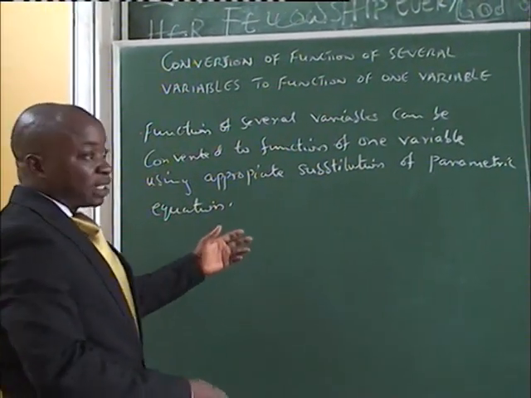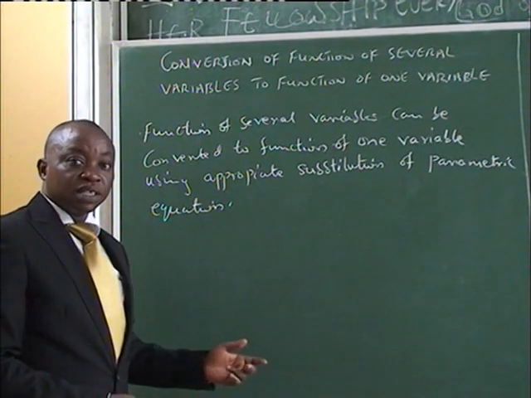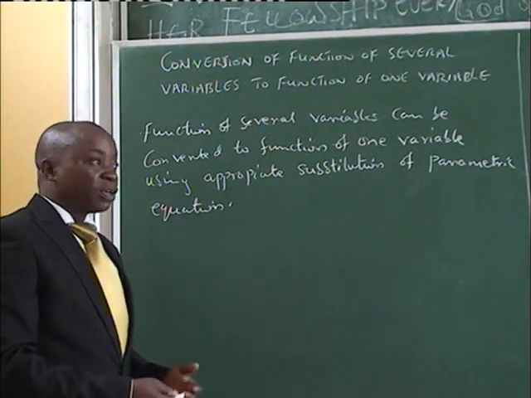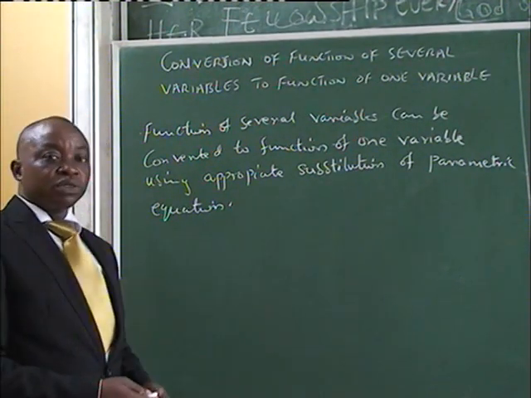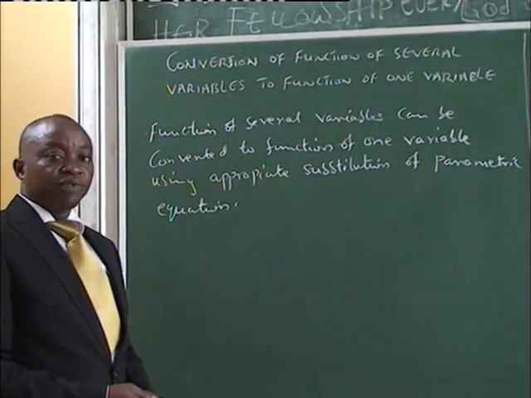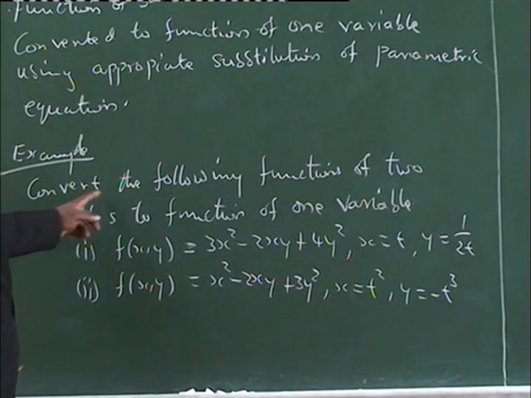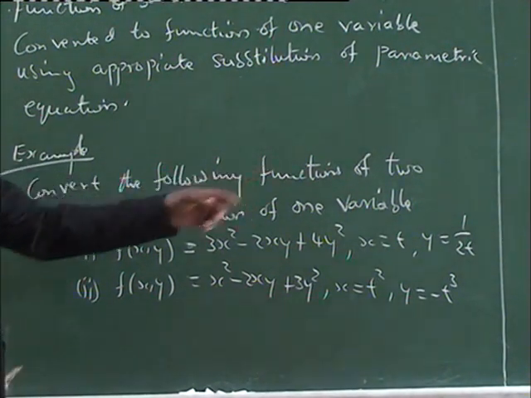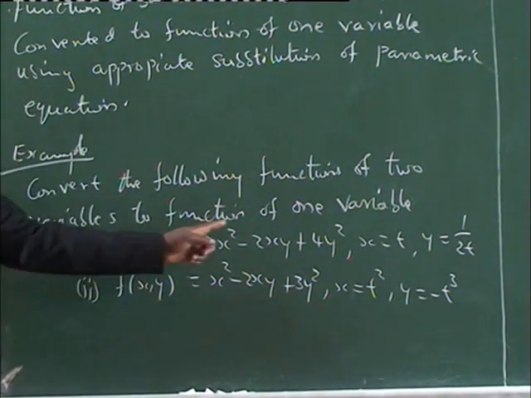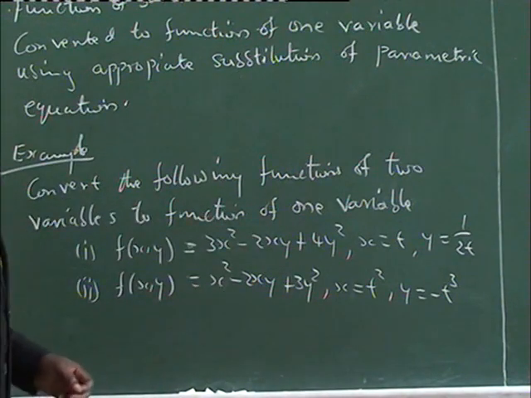So a practical example of this we will show. We are going to take an example so that we see how we convert function of several variables to function of one variable. Okay, we look at this example. Convert the following functions of two variables to function of one variable.